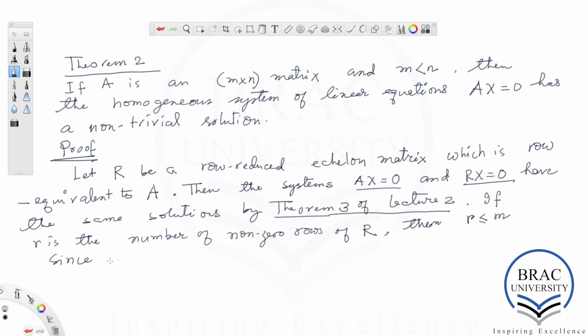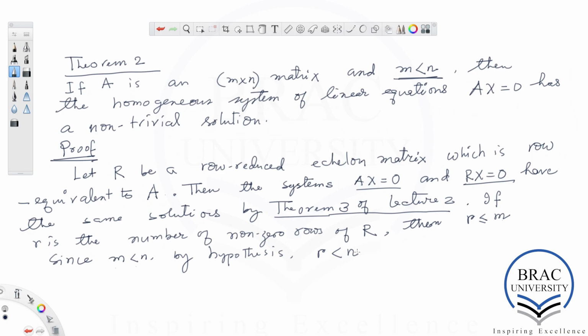Now, since m is less than n by hypothesis, and r is less than or equal to m, therefore we must have r strictly less than n. So the number of non-zero rows is strictly less than n, where n is the total number of unknowns.